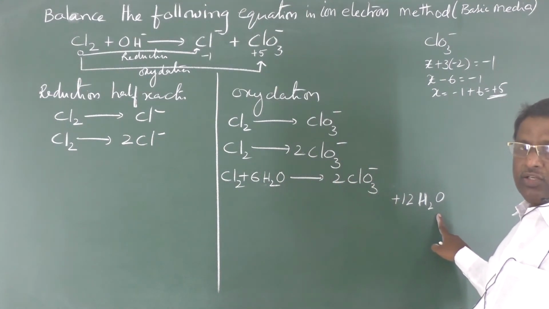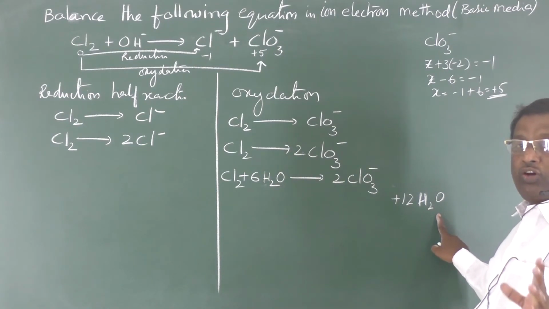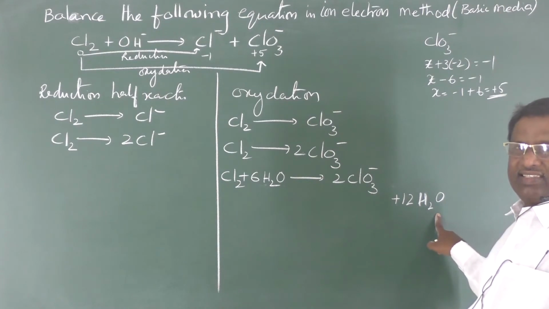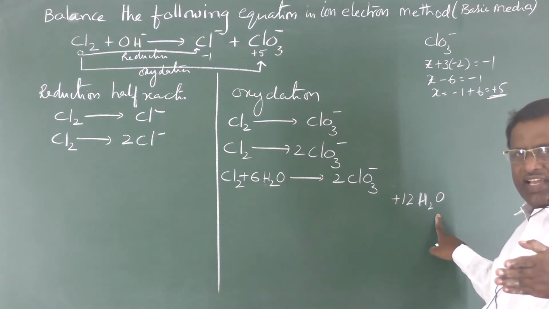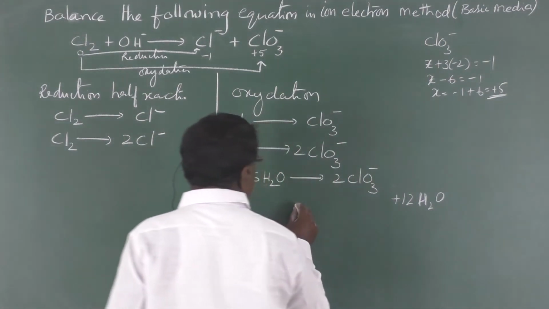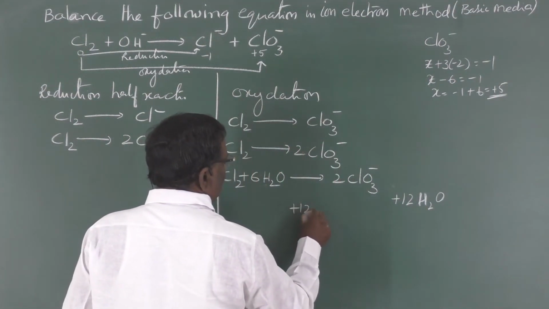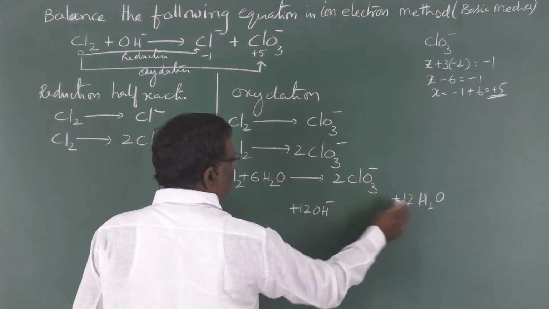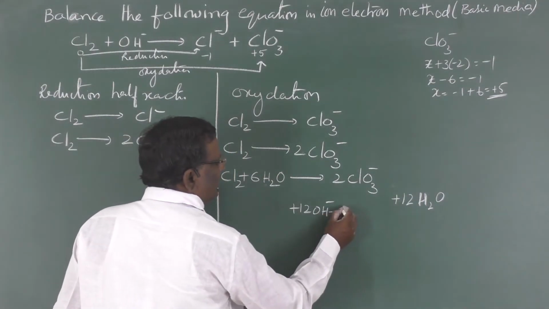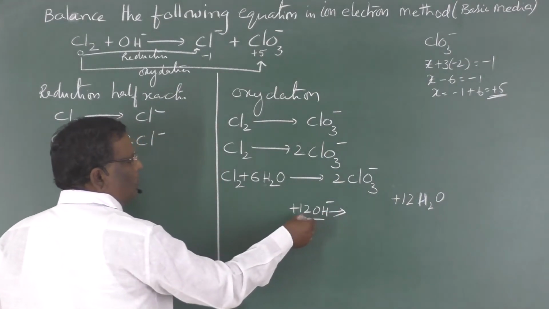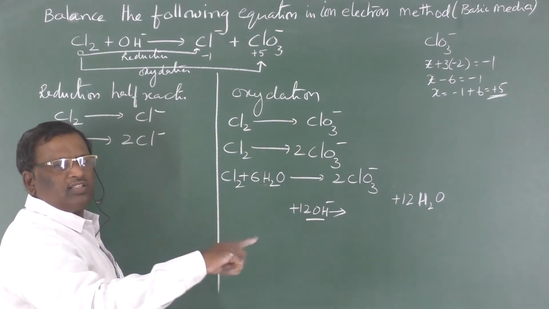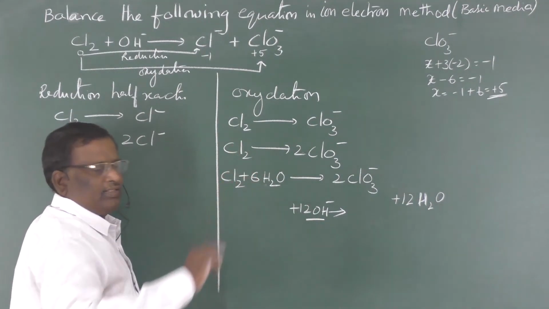That means you are adding 12 hydrogens and 12 oxygens in excess. To compensate that, you have to add the same number of OH minus ions to the other side. If you add 12 H2O on the product side, on the reactant side you have to add 12 OH minus, so that both hydrogen and oxygen are balanced at a time.